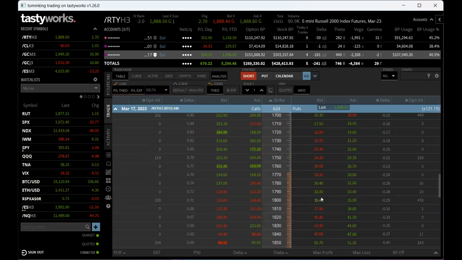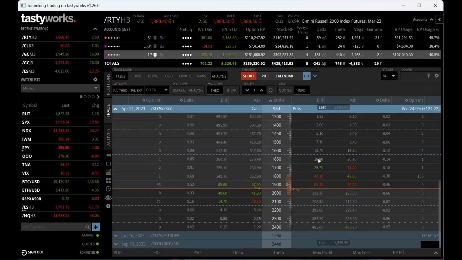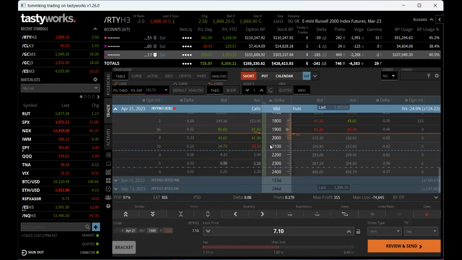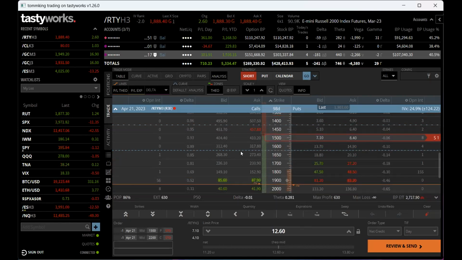So if I want to go with a strangle on this thing, let's go out to 90 days. Let's see what we got. We're not going to have a lot of 1,500 on the downside, 2,200 on the upside. This may be an impossibility to fill, because look at the open interest on these things.